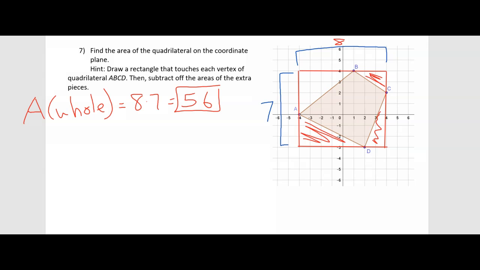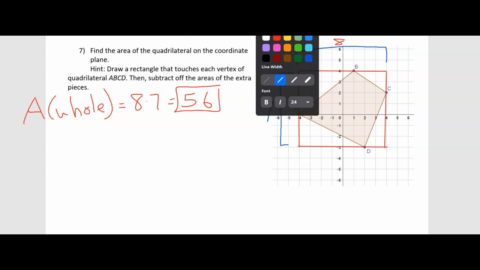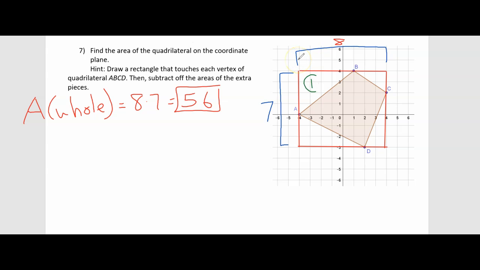Now I have 4 different triangles to figure out the areas of. 1, 2, 3, and 4. So I'm going to do area of number 1. Again, 1/2 base times height. So 1/2. Make sure you go all the way over there.